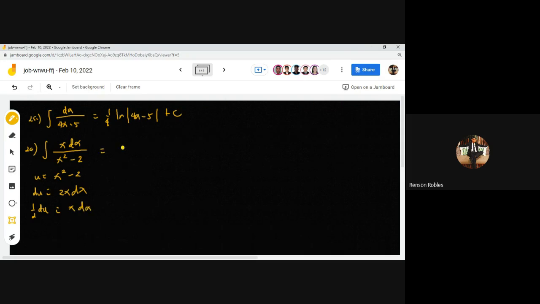By change of variable again, this is 1/2 the integral of du over u. So that's 1/2 ln of u plus c, that is 1/2 ln of x squared minus 2 plus c. Again, make sure that the derivative of the denominator can be found on the numerator.